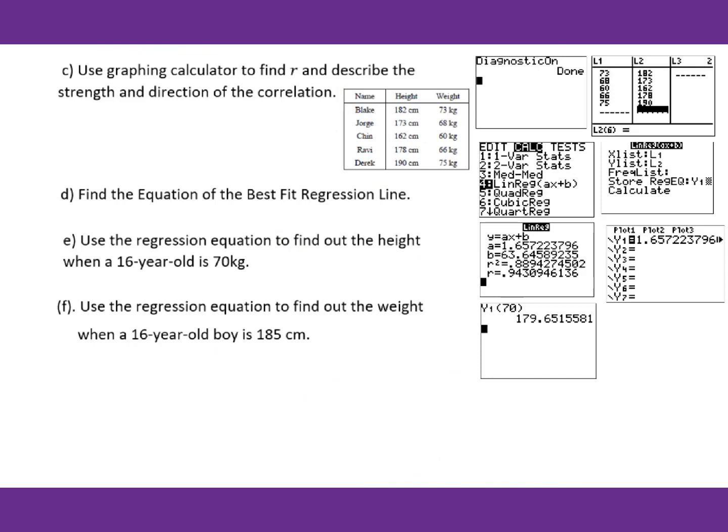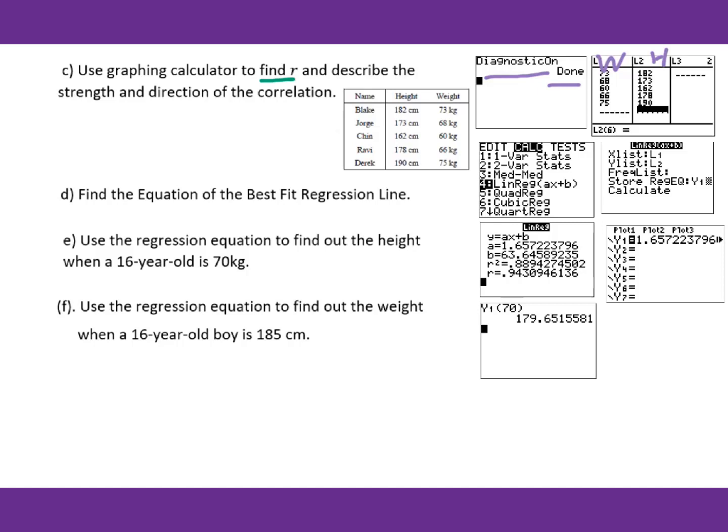Now let's go to C. Use the graphing calculator to find the correlation coefficient r and describe the strength and direction of the correlation. Make sure you put the diagnostic on. According to the given information of B, we know L1 will be the weight and L2 is the height.